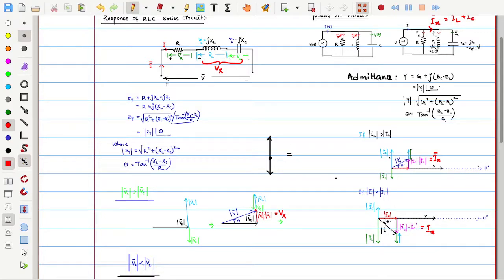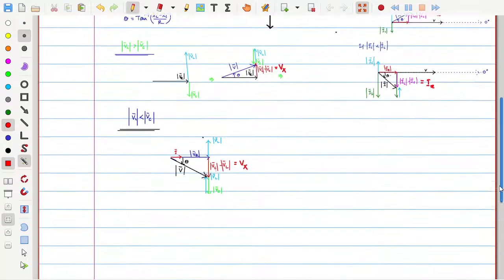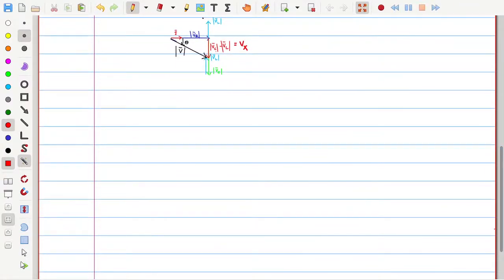In the same way, in a parallel circuit, when IL is equal to IC, one is in the positive direction and another is exactly in phase opposition, so when we add such phasors, the net is 0. Let us talk about such a condition, which we call resonance.